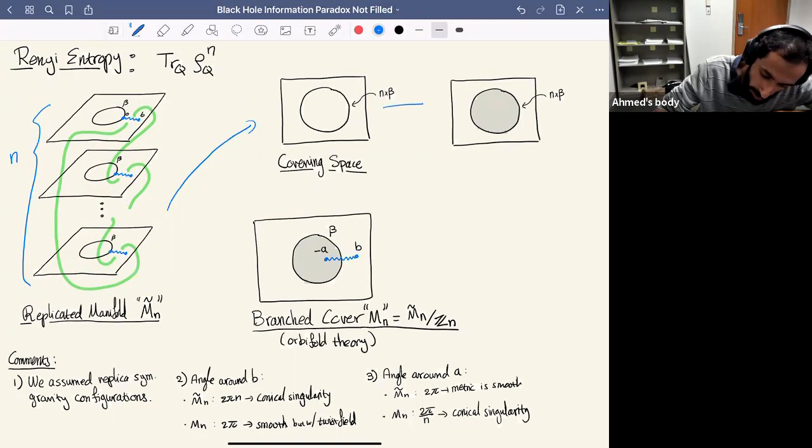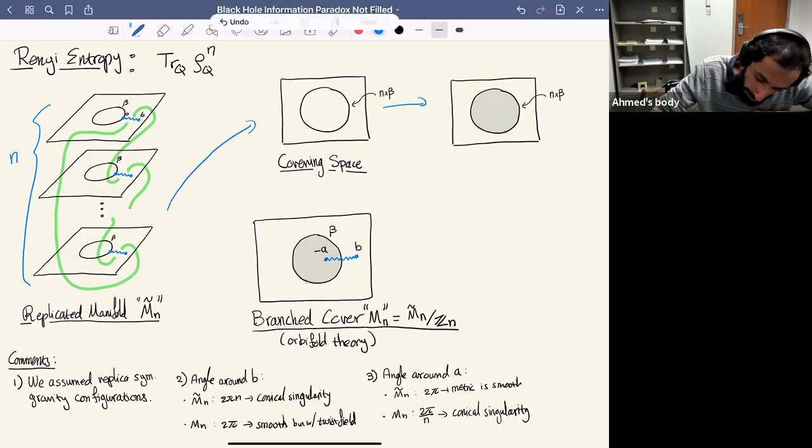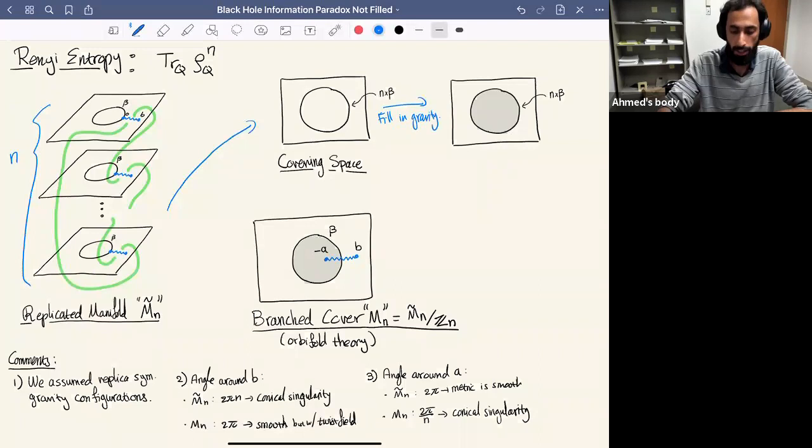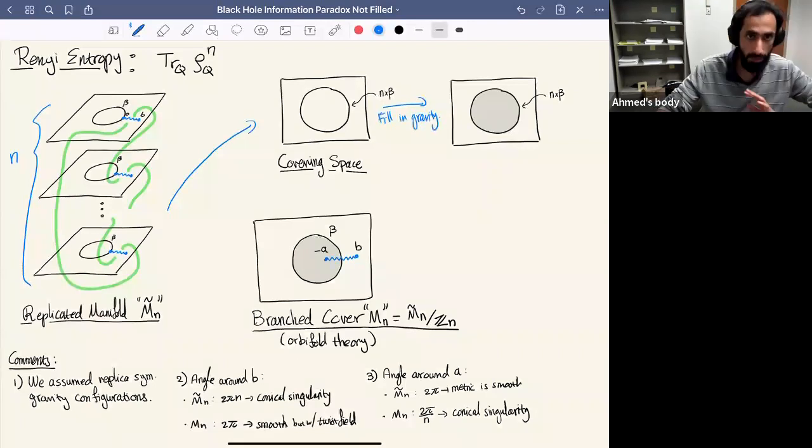Now what we need to do is to consider the different gravity configurations, so evaluate gravity, or fill in gravity, let's say. For the rest of this section, it's going to turn out that the only relevant configuration to consider is the disk.